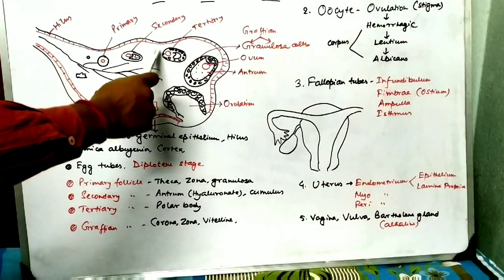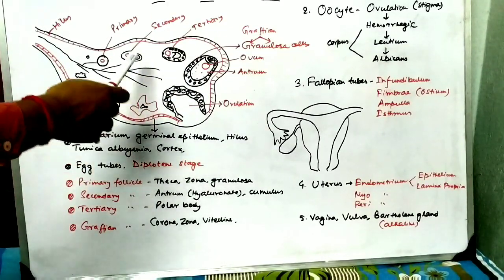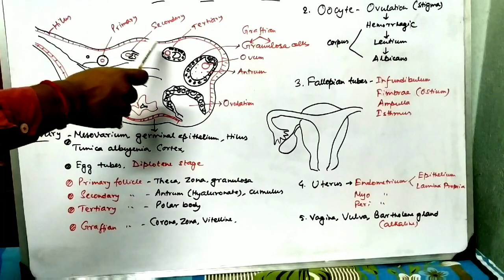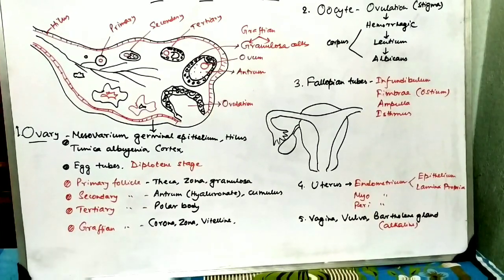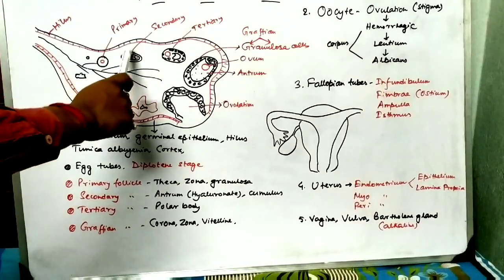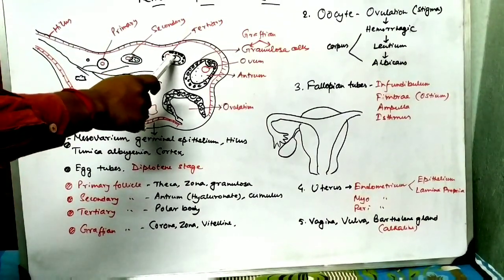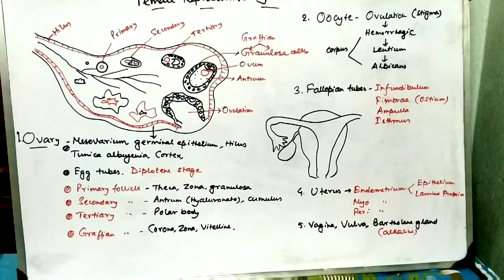So this is the tertiary follicle, and during the formation of the tertiary follicle, the ovum will also undergo meiosis. I am telling you that this is not an ovum, it is actually the primary oocyte, which will undergo the first meiotic division or meiosis 1, and it will remain arrested in the diplotene stage of meiosis 1.